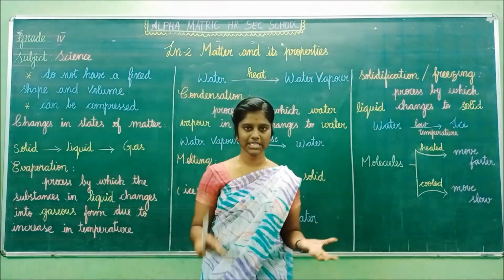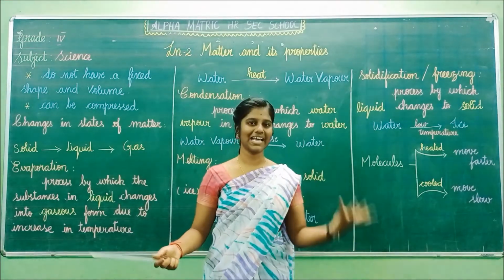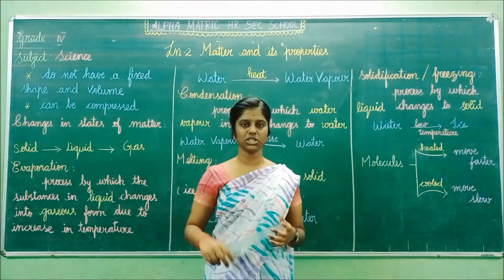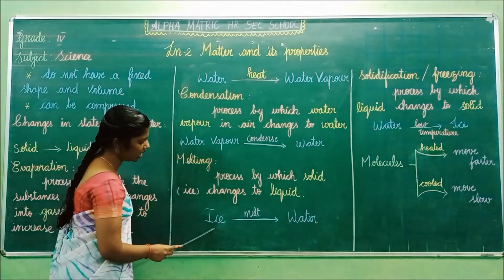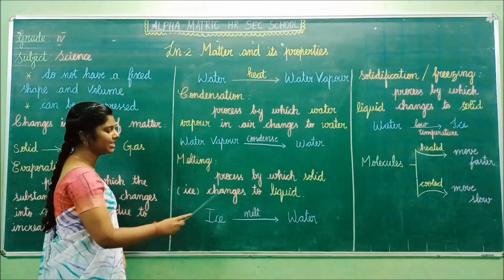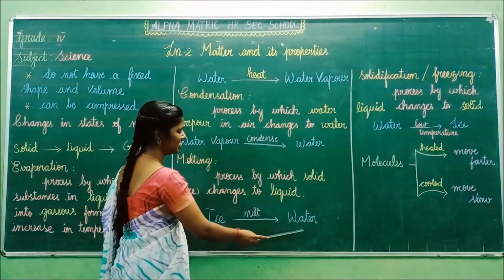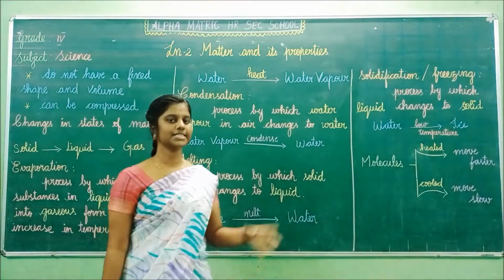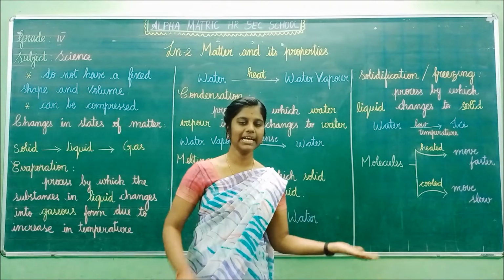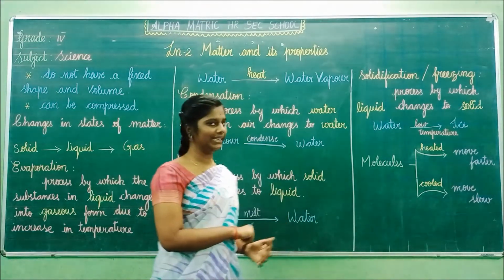So the process by which solid changes into liquid, that is ice melting into water, is known as the melting process. Here, ice is a solid; when kept out, at a higher temperature, it changes into the liquid state, that is water. So the process by which solid changes to liquid is called melting.